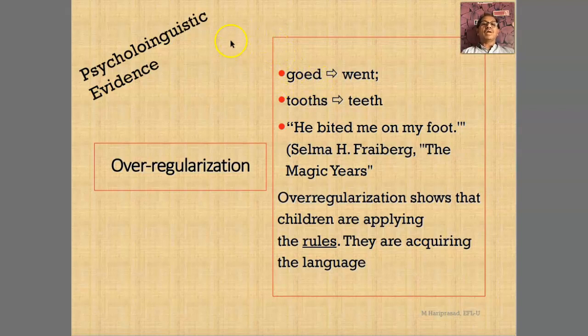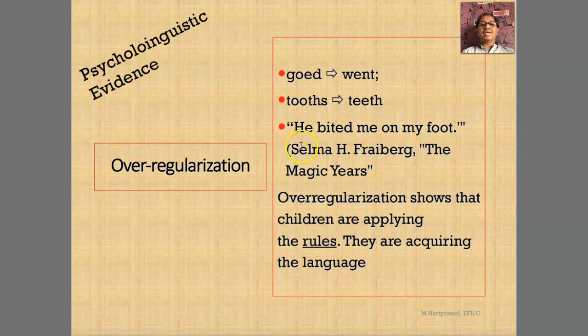By looking at words like talk, talked, close, closed. When he comes across the word go, he says go, goed. So ed is a regular suffix which is added to a verb to make the past tense. That's the rule which the learner forms, and then he produces a word like goed before he comes across the irregular form went. Similarly, he will say tooths instead of teeth.